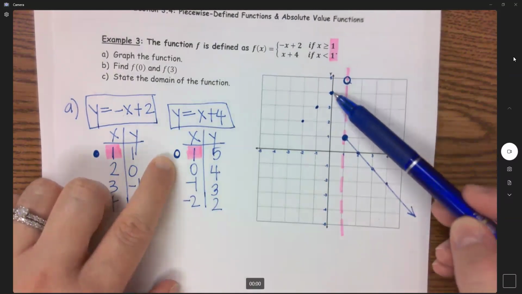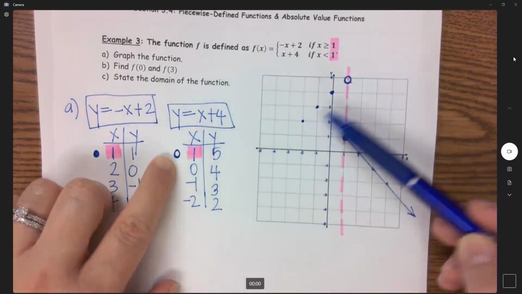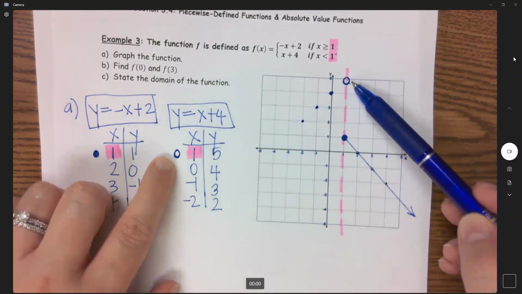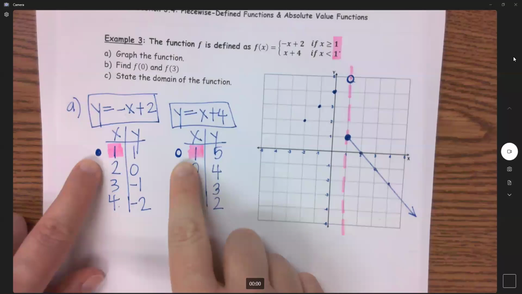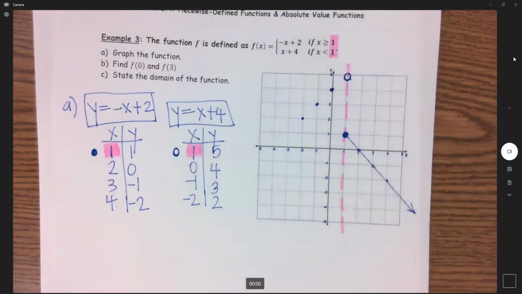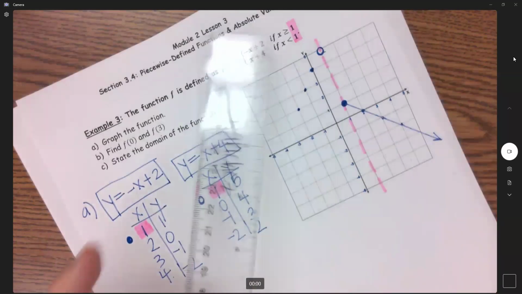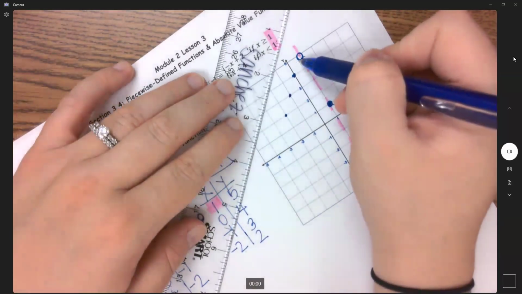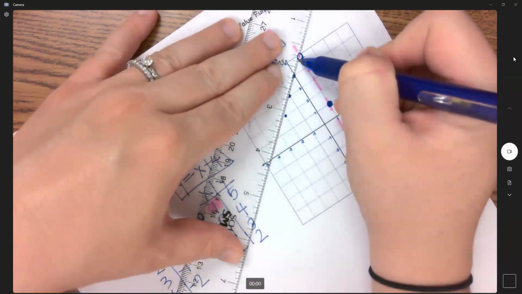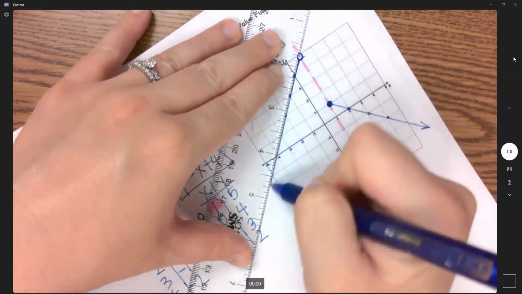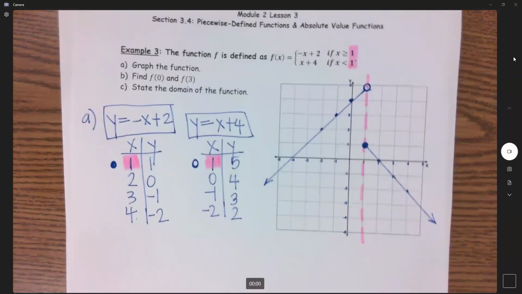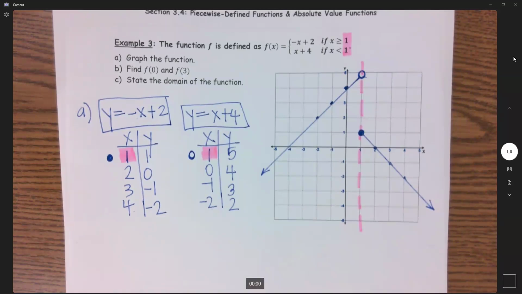You guys will just do open circles throughout the entire thing, but this is the only open circle on that graph. So once you do this bold point and this open circle, the rest are just nice regular points that we have on there. And this is going to go from that open circle through the rest of it. Okay, so there is my graph.